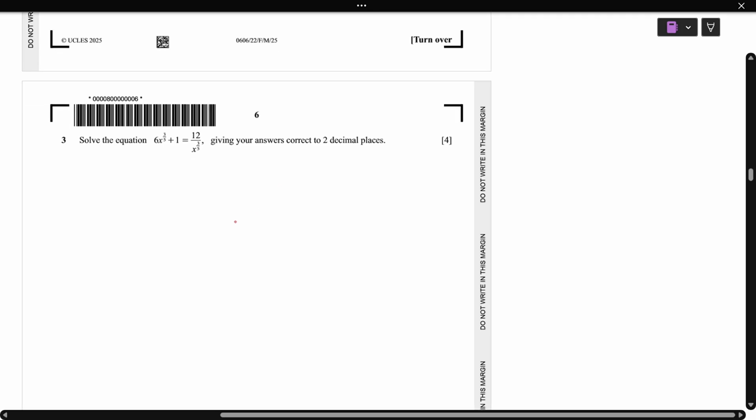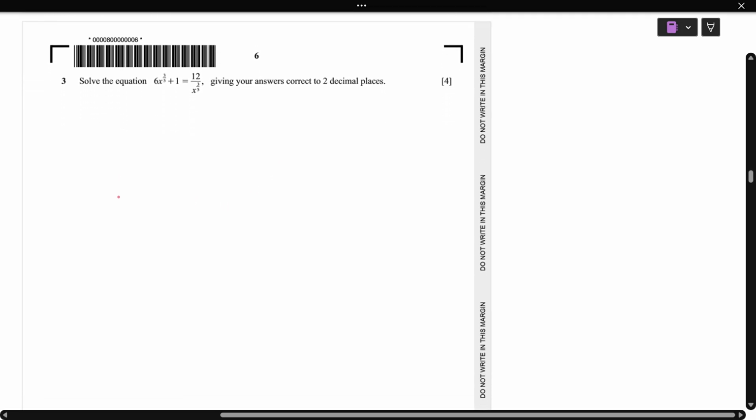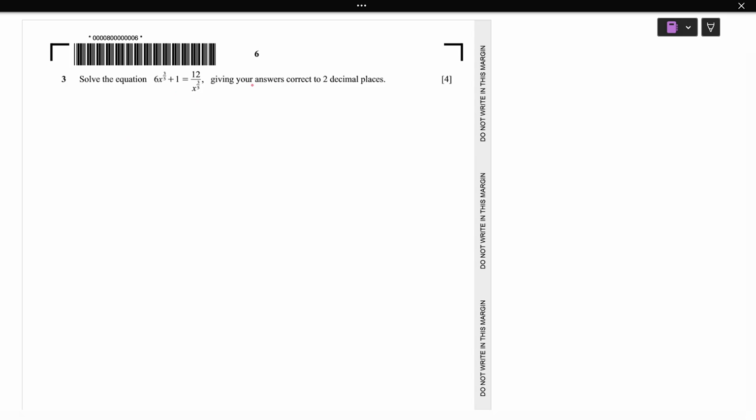Okay, so the next question is going to be question 3. Solve the equation. Here we need a substitution, we cannot calculate directly. So I'll write let y equal to x power 3 over 5. Now I substitute into the given equation.